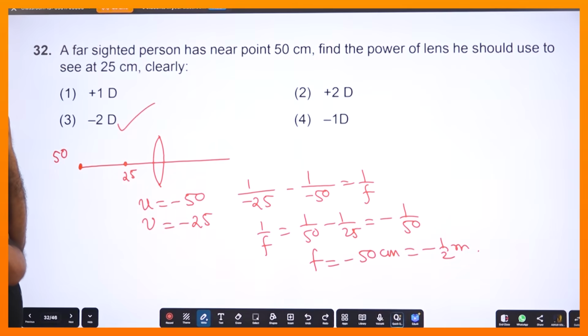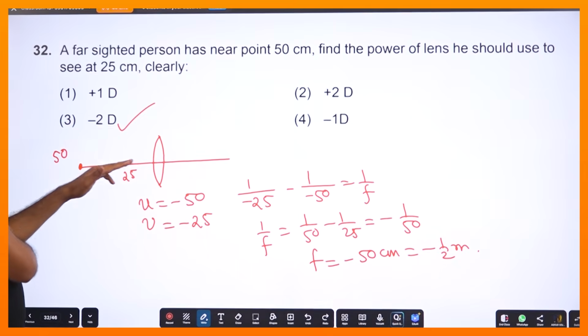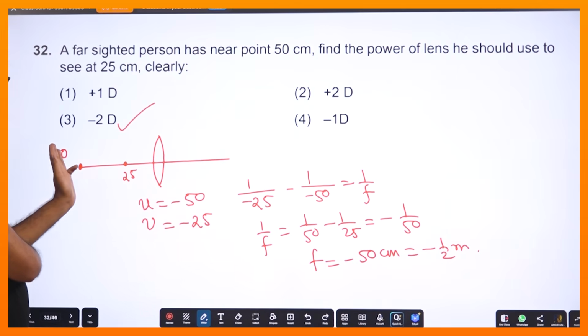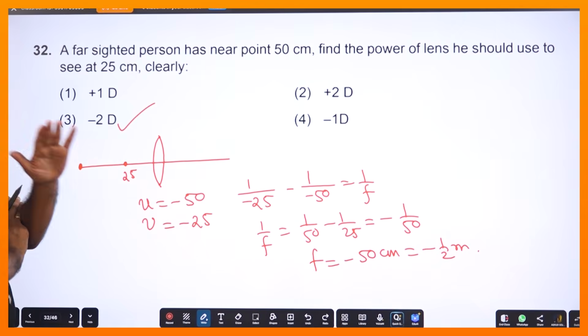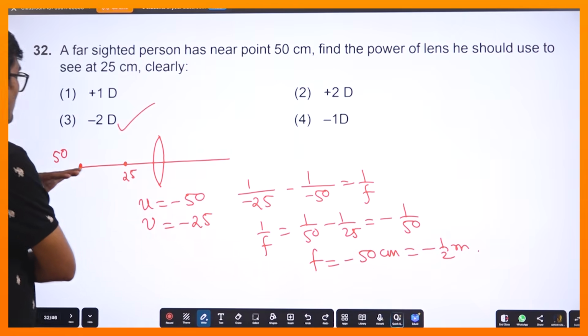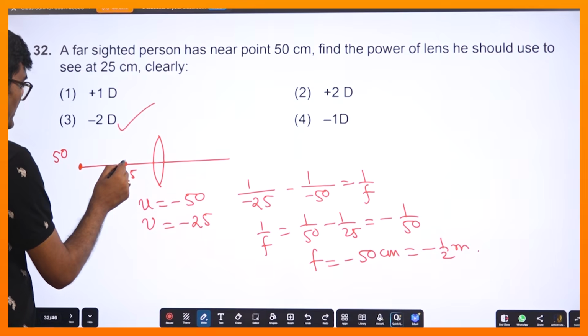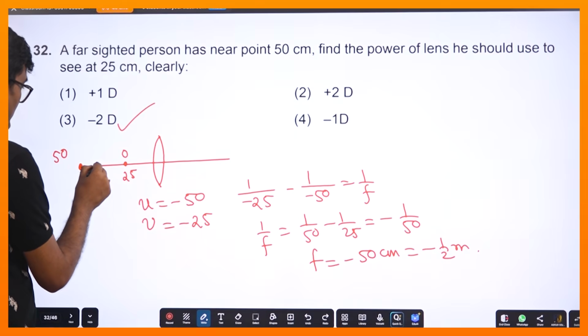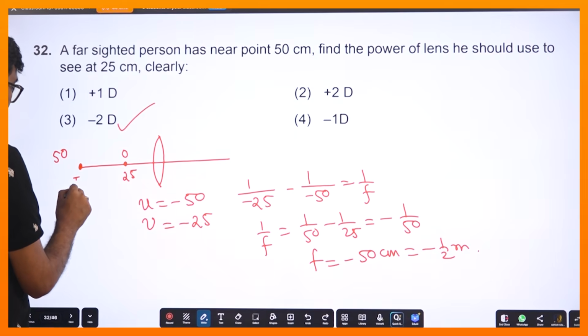The focal length... so u is equal to minus 50 centimeters. Sorry, I have interchanged u and v. My objective is to send this 25 centimeter object to this 50 centimeter image.